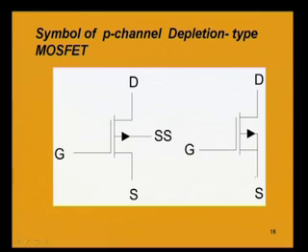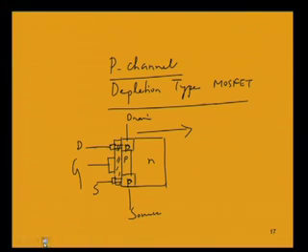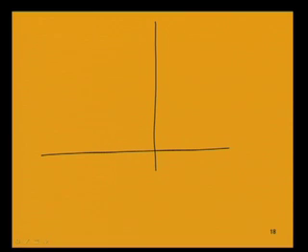Now, the transfer characteristic, if we consider for the p channel type of MOSFET, it will be just a mirror image of the n channel, but that will be bending towards left. Say this is 0, I am considering for p channel.